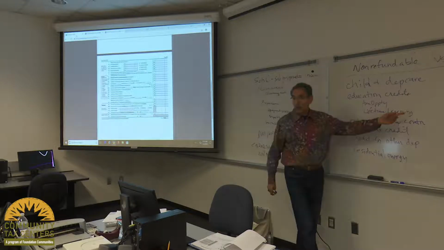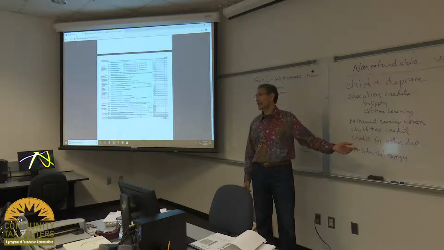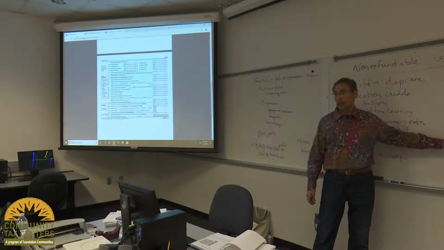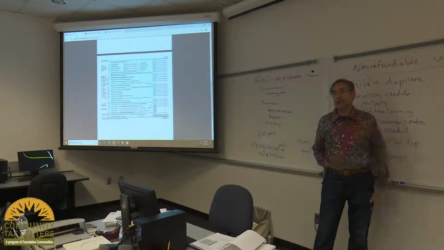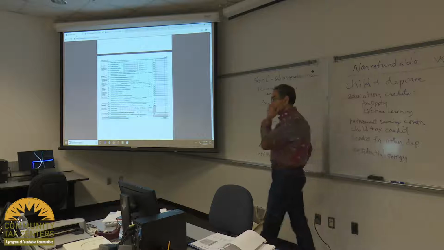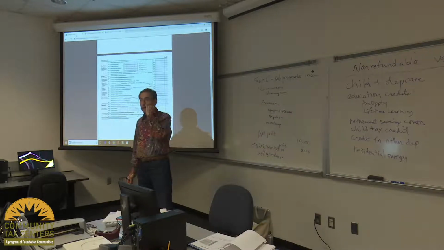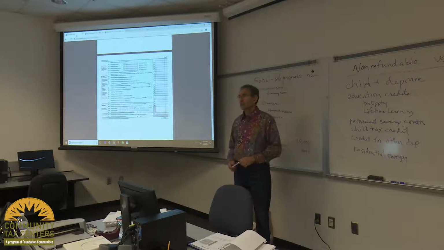Whereas the refundable, if you get through all your non-refundables and you still have tax liability, then the refundables can take care of that tax liability and go beyond, because they can actually put money in your pocket to walk away with. Okay? So, which is more valuable? The refundable, right?